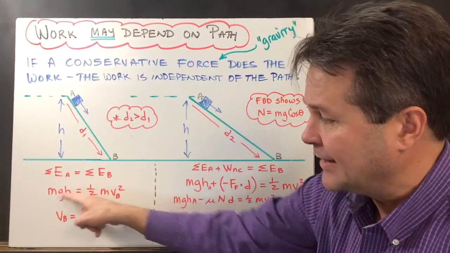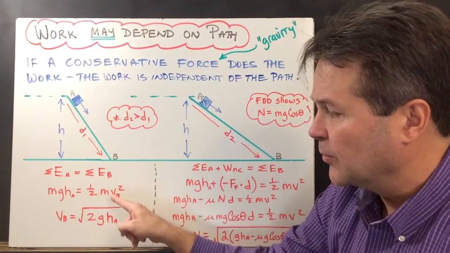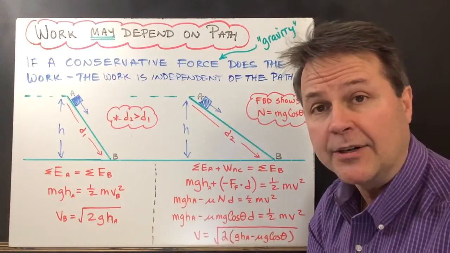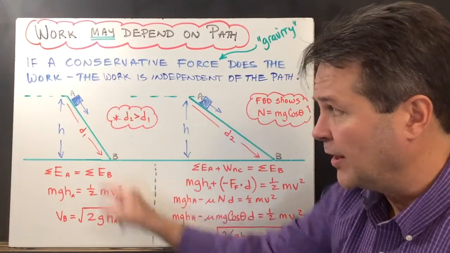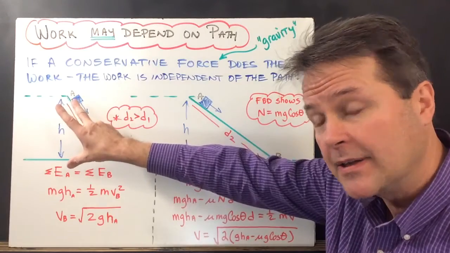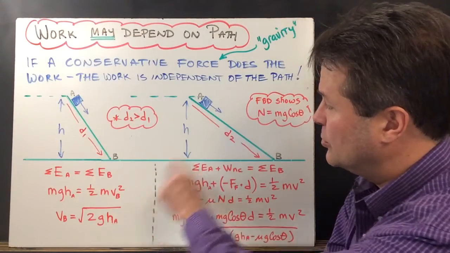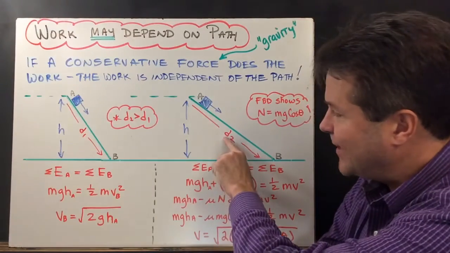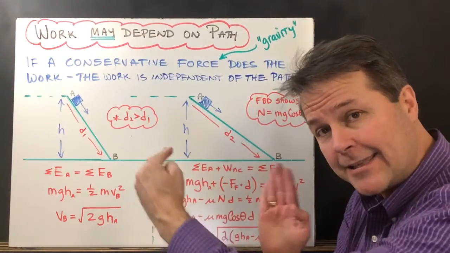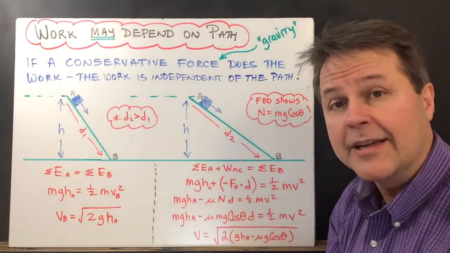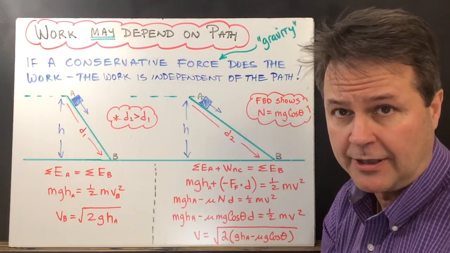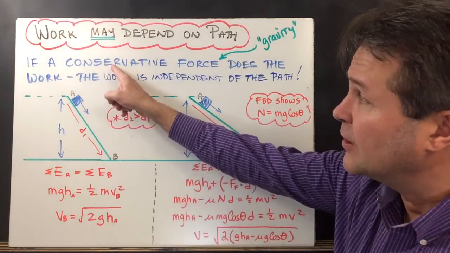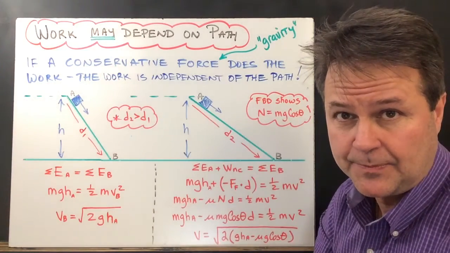So you see that mass cancels, and you can rearrange the formula to read that the velocity at the base of the hill only depends upon how high the hill is. The same is true for the less steep hill. You see that the d, the distance, the length of the hill, and the angle of the hill is not important in the calculation. That will be true if you're using conservative forces.